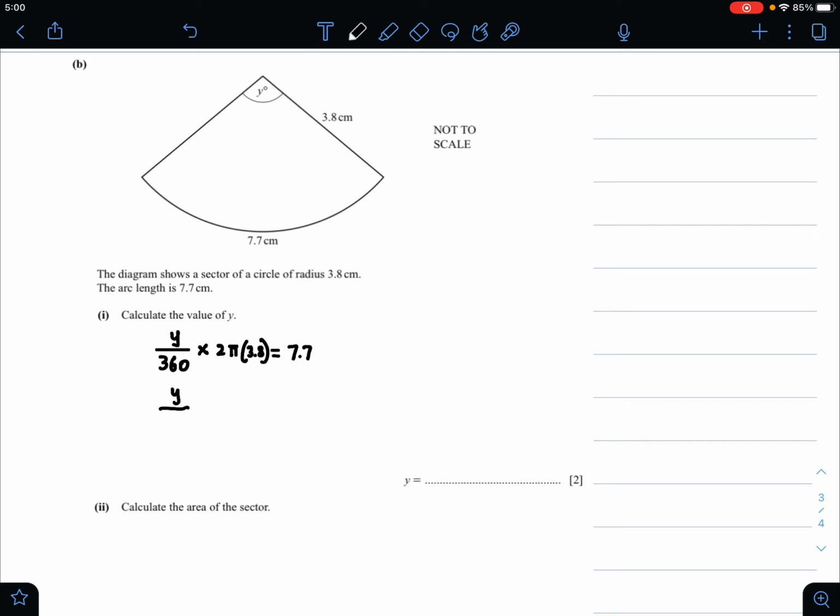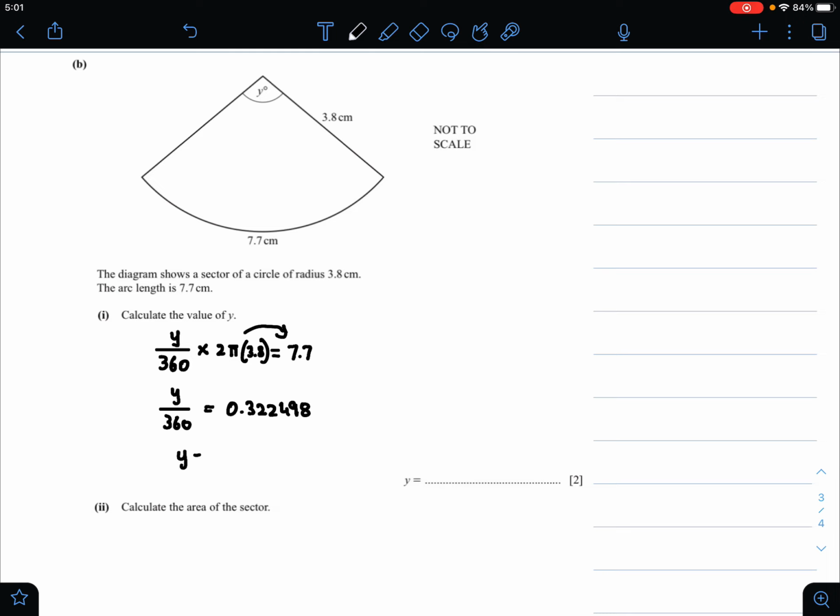So y by 360 is equal to, we can take this to the other side of the equation, so it will become division in this case. So 7.7 divided by 2 pi r, that would be 0.322498.